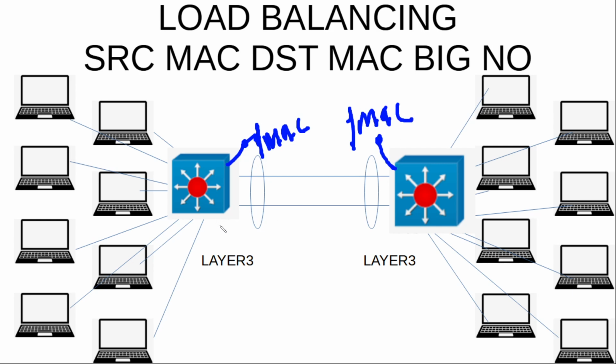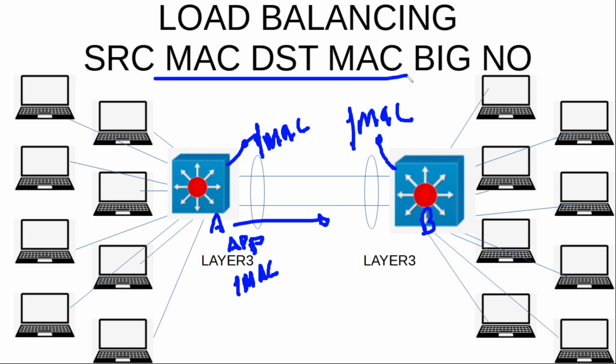So from the point of view of this switch A, it only knows in the ARP table only one MAC address that corresponds to this switch B. So if I chose at switch A to load balance based on MAC addresses, that will not be very good for load balancing because the load balancing algorithm always ends up concluding to use one interface because we only have one MAC address.